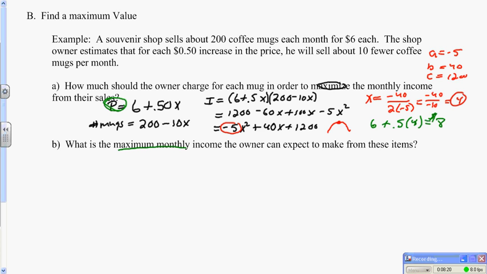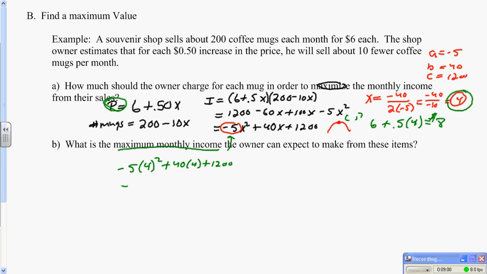What's the maximum monthly income they could make? Well, that goes to this formula. If you plug in 4, not $8, x is 4. All right, we want to find the vertex, which is a coordinate. If you plug in 4, then we will have what we need. So we plug in 4, we square it, plus 40 times 4, plus 1200.